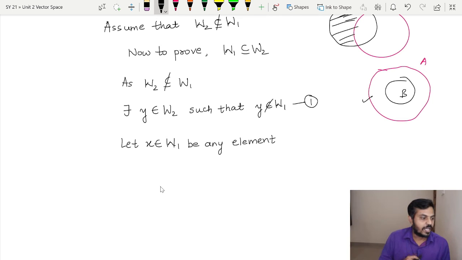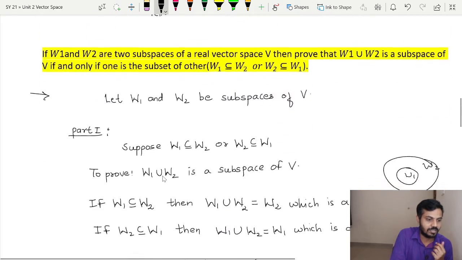Now just take note, what is W1 union W2? As discussed in the last class, W1 union W2 contains elements of W1 as well as elements of W2, right? Because we are simply taking the union. So here you can see X is in W1, thus it is going to be in the union as well.